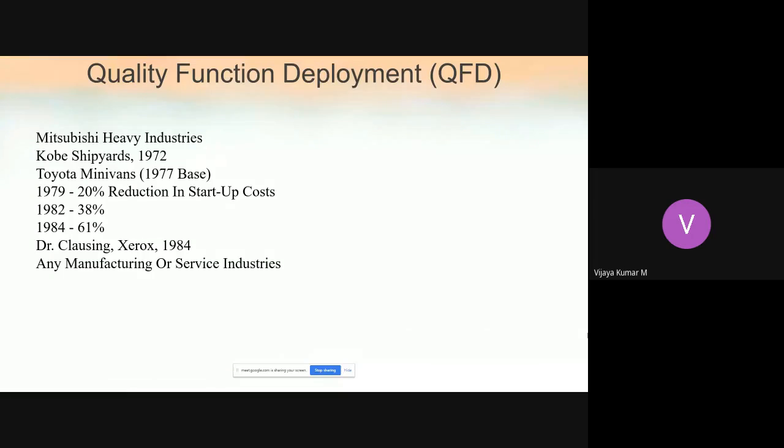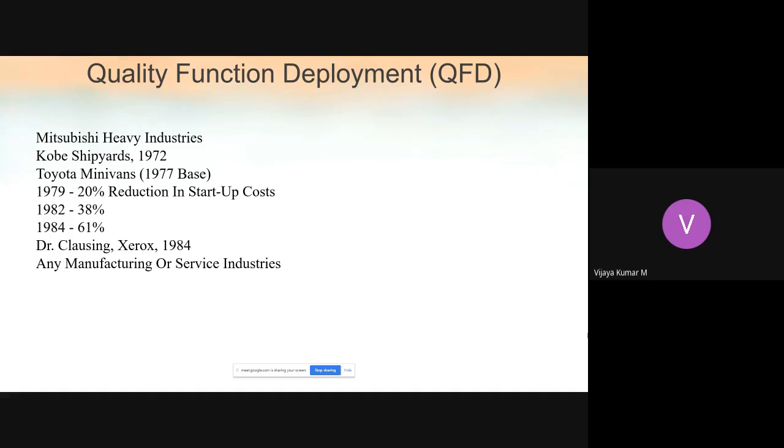First, Mitsubishi Heavy Industries adopted this QFD analysis, then later the Kobe shipyards used it, and subsequently Toyota minivans started using it and found a significant reduction in cost. In 1979, they observed a 20% reduction in startup cost in Toyota minivans, and in subsequent years like 1982, the reduction in startup cost was around 38% and 61% respectively.